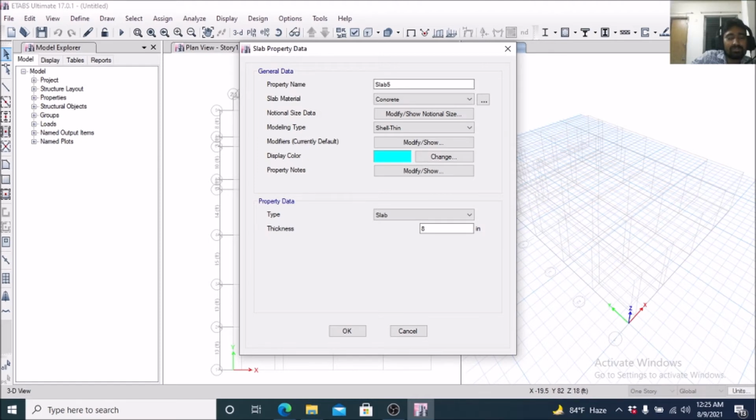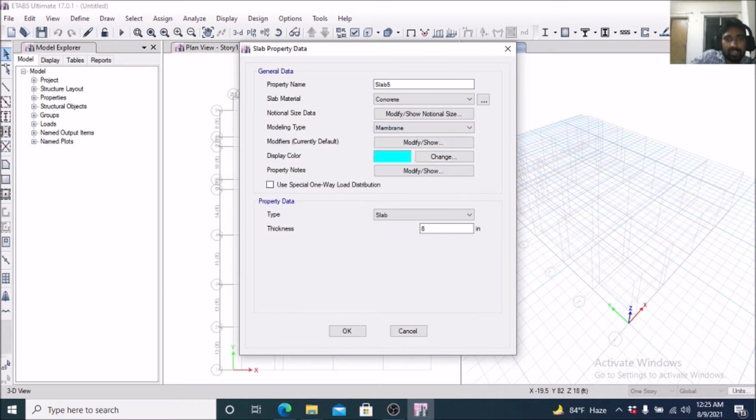Horizontal loads come into the slab because the slab is constructed monolithically. So that's why the slab should be treated as membrane, because membrane is such a type of structure in which only in-plane stress comes to the structure. So the slab should be treated as membrane.